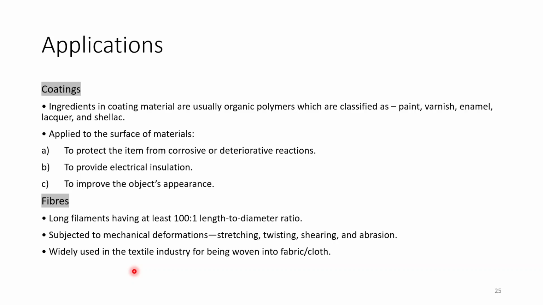As we know, polymers are basically insulators, so for providing insulation to metal wires, you can provide a coating of these polymers, and to improve the object's appearance. Wires can undergo corrosion with time, so they can lose their aesthetic. To improve that, you can provide a coating of these polymers which don't corrode and remain good looking over time.